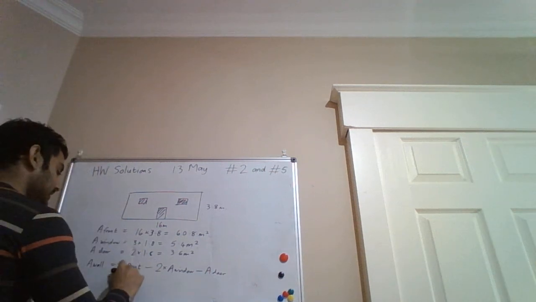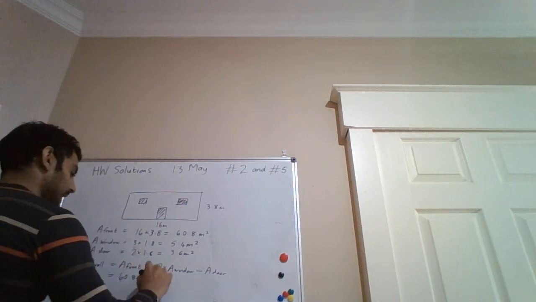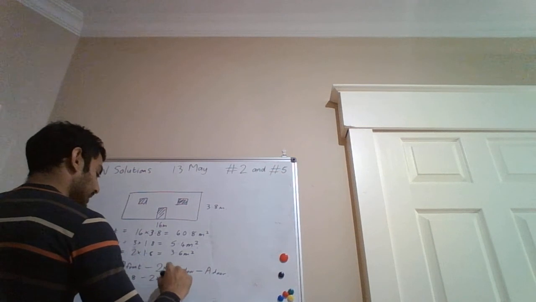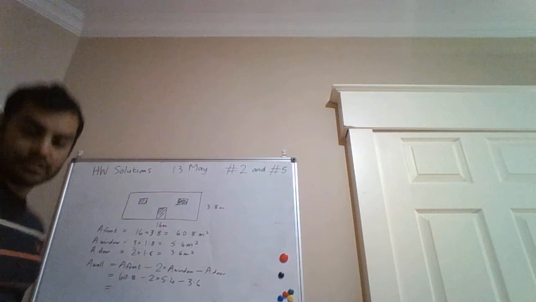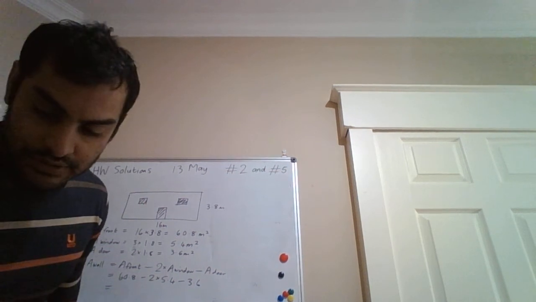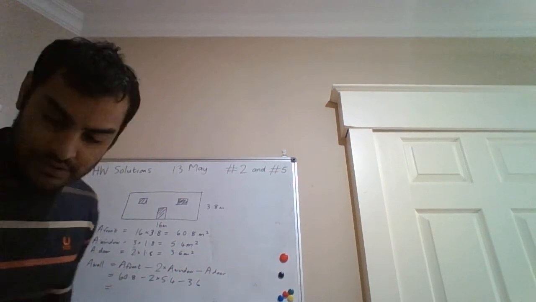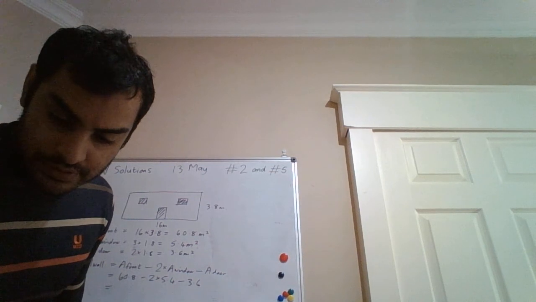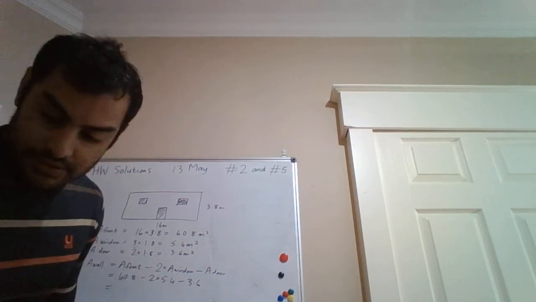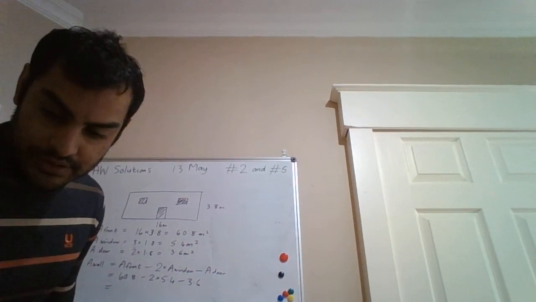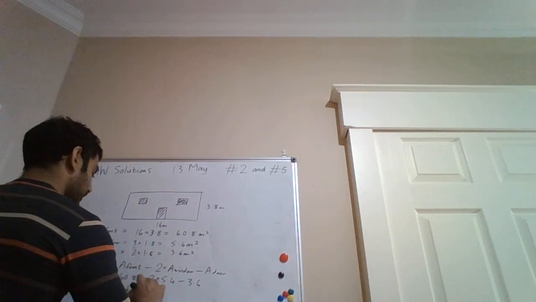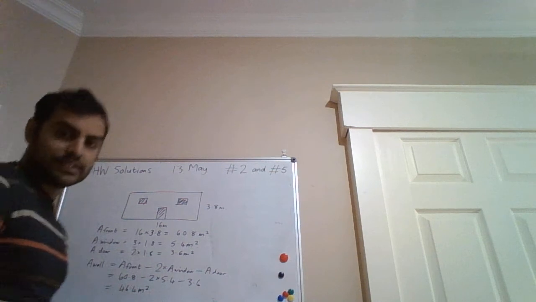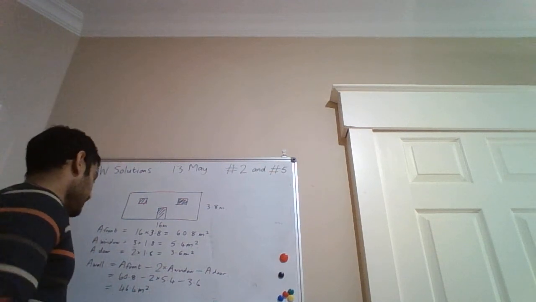Let's put the numbers in. 60.8 minus 2 times 5.4 minus 3.6 equals 46.4, and our unit is meters squared.